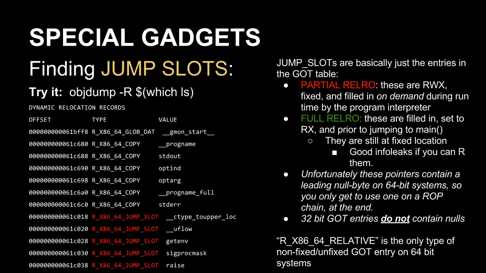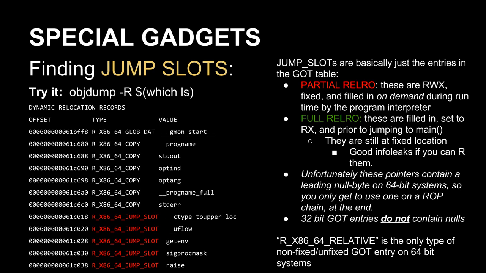However, when full RELRO is engaged, these are filled in, set to readable and executable only, but they are still occupying fixed locations. So you can rely on them for info leaks if you can direct, say, a format string vuln to read that address.